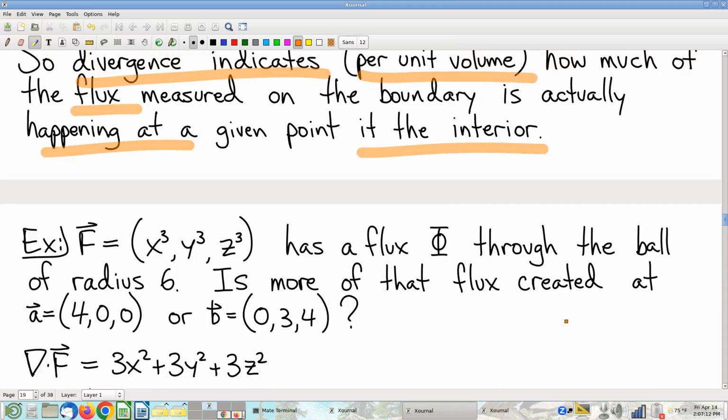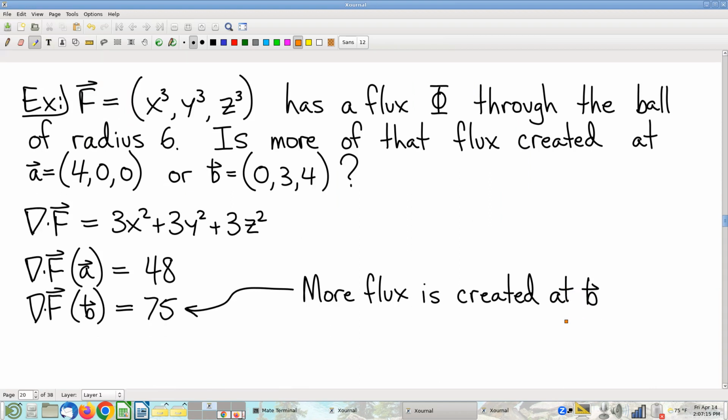And here's an explicit example. I've got a vector field. This vector field creates a flux through the boundary of some region, whatever, don't even really care. But it creates a boundary flux. Where's that flux coming from, between these 2 points anyway? Is more of the flux that we observe on the boundary coming from A or is more of it coming from B?